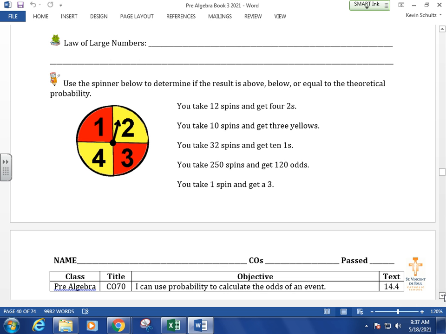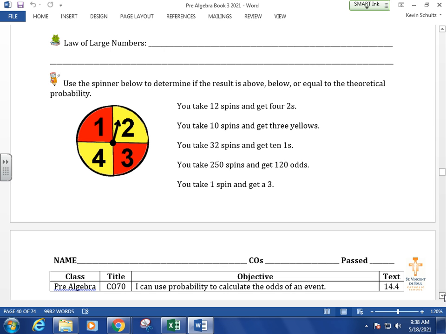But it says, use the spinner below to determine if the result is above, below, or equal to the theoretical probability.